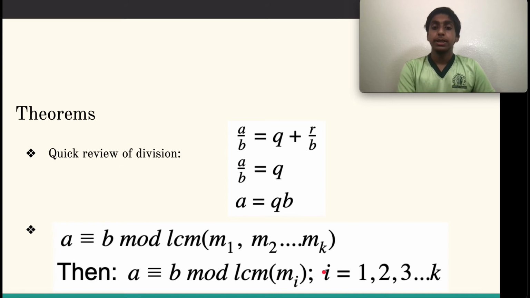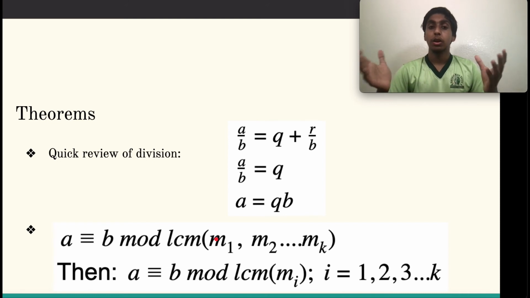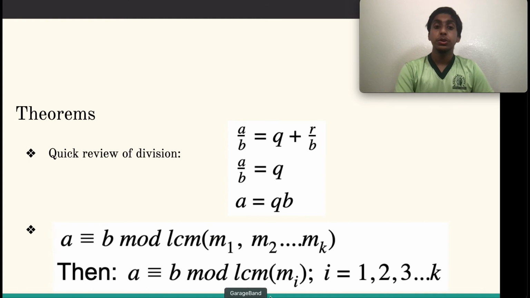So what this means is that if I have this big LCM of multiple numbers and they all work in this modulus to make a congruent modulo, then I can use the same thing, but I can also use only one of these.